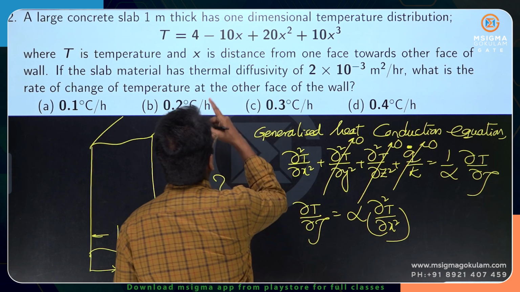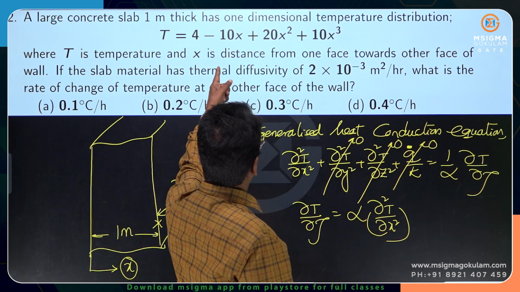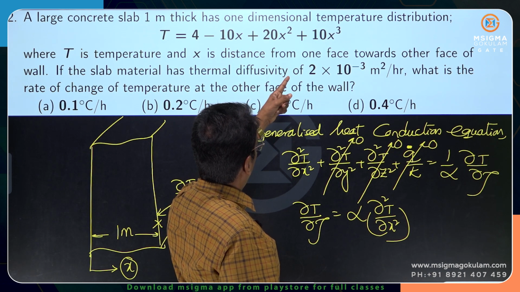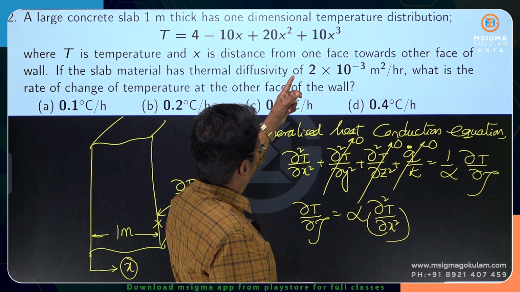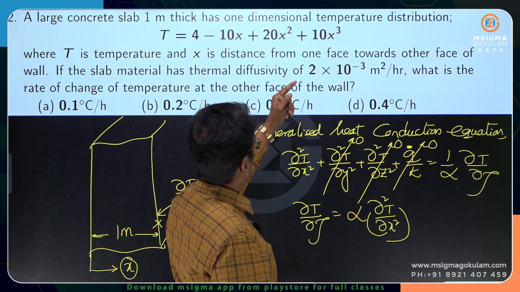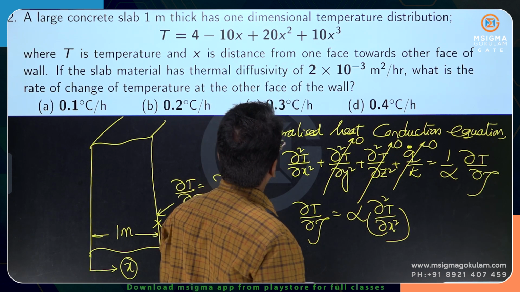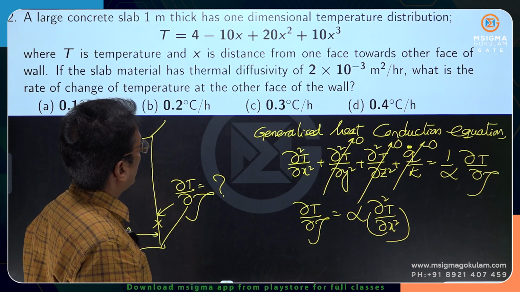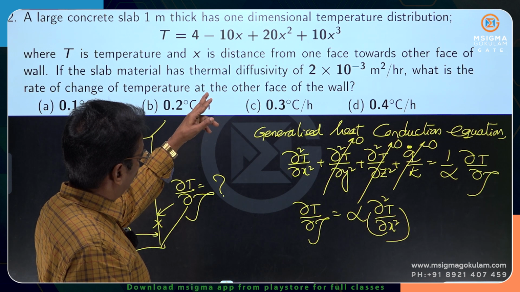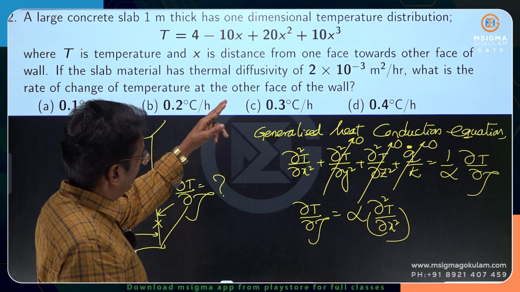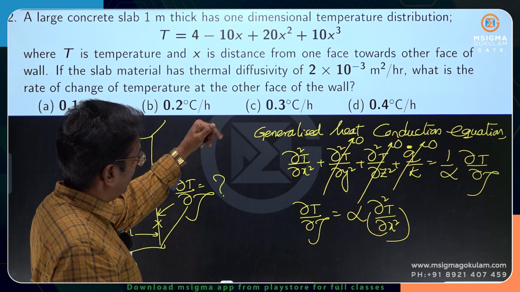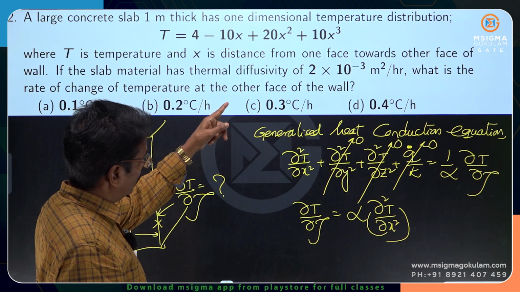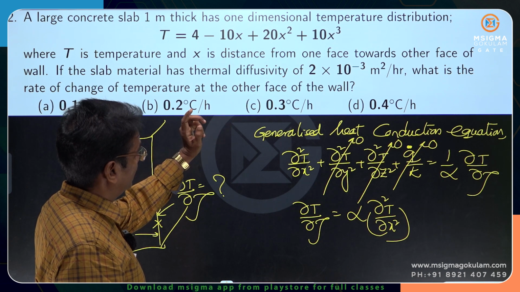Differentiate that function twice. If you differentiate once, you will get minus 10 plus 40x plus 30x². If you differentiate twice, the constant vanishes, 40x becomes 40, and 30x² becomes 60x.